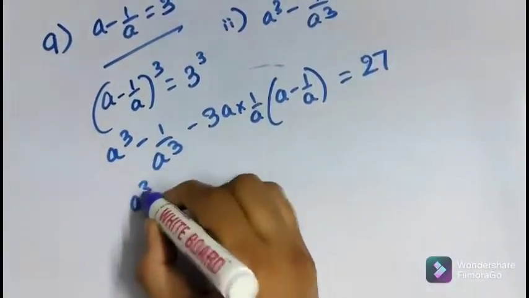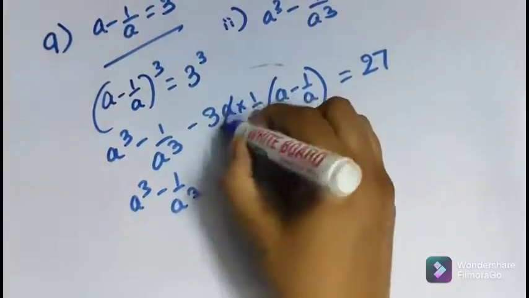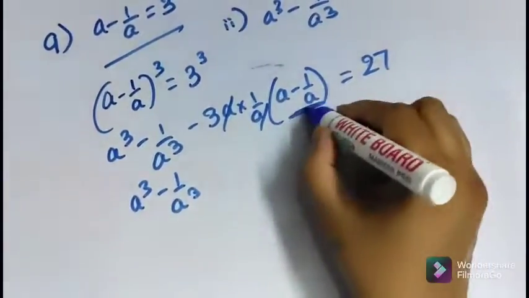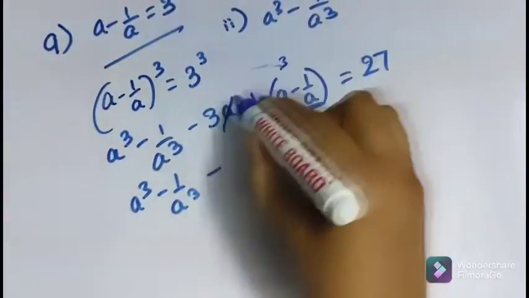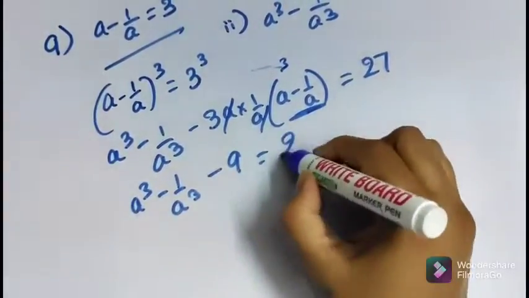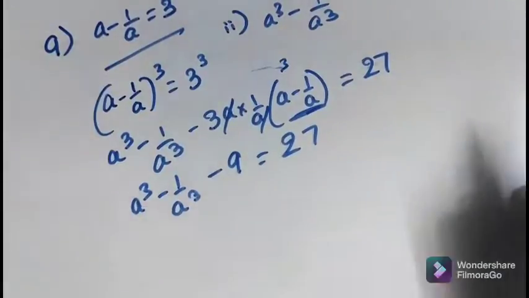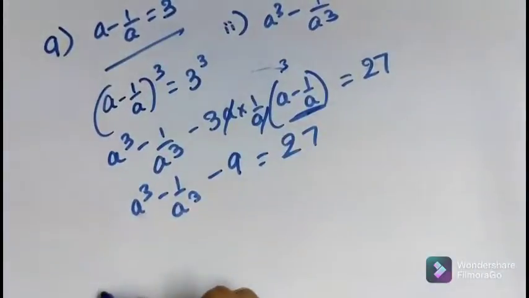So a cube minus 1 by a cube, here a gets cancelled. Here we will replace it with 3 and I can write it as minus 3 into 3, which is minus 9, is equal to 27, because a minus 1 by a value is given as 3.